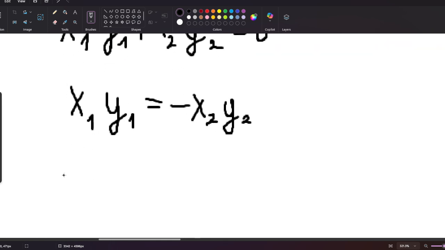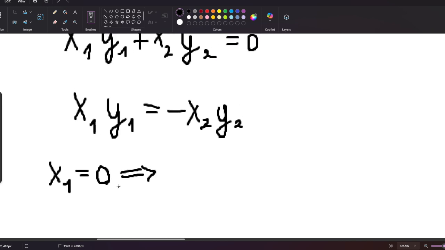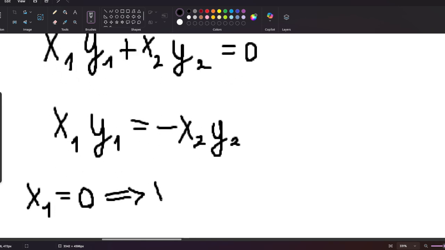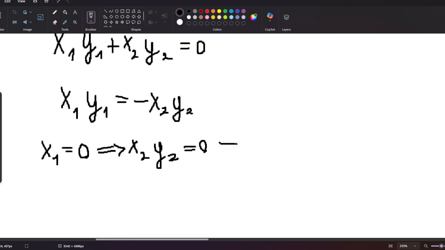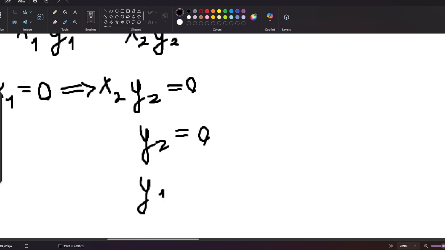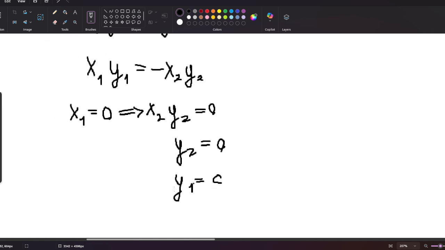Now if x1 is equal to 0, that implies that x2 y2 is also equal to 0, which in turn implies that, well, for one, it can be satisfied to say that y2 equals 0, y1 equals some number c, so that's not a problem.